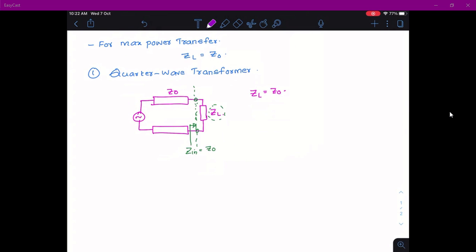So what we can do is the following. This is our normal generator. This is our transmission line. Now at that juncture I can connect a different transmission line, because you can always connect a new transmission line here, and I connect the same ZL load.